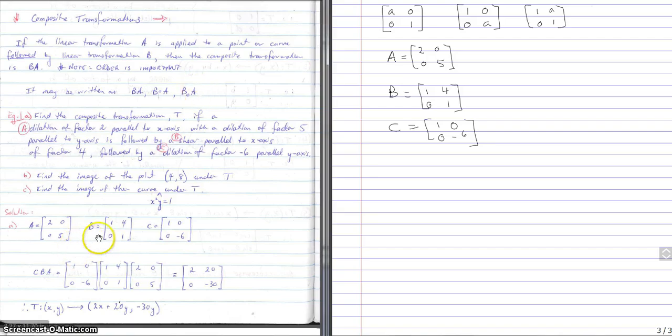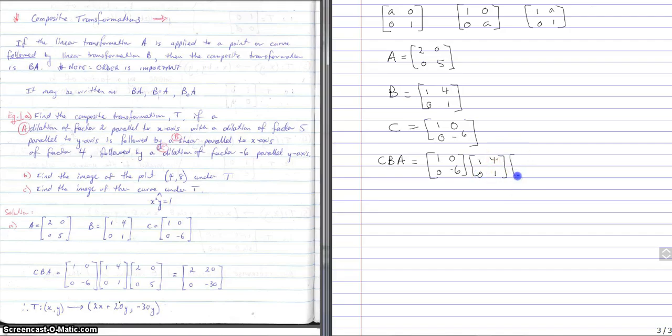Okay, so what we're doing is we've got A followed by B followed by C. So in terms of what we do with the matrices, we multiply them together, but in the reverse order of what's been done. So we write C first, 1, 0, 0, -6. And then we follow that by B, 1, 4, 0, 1.